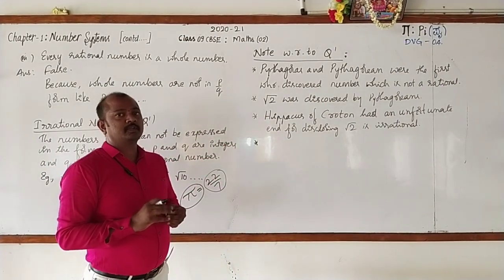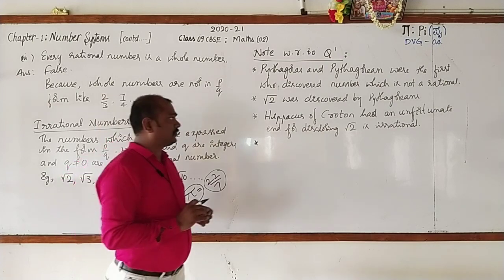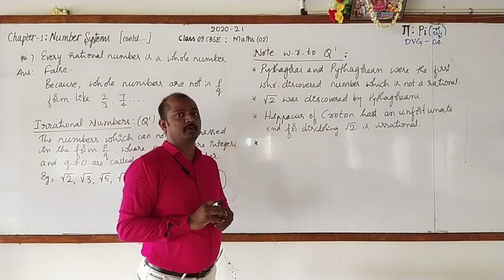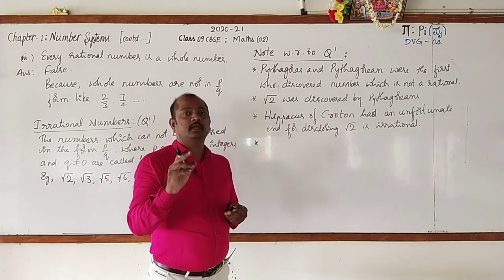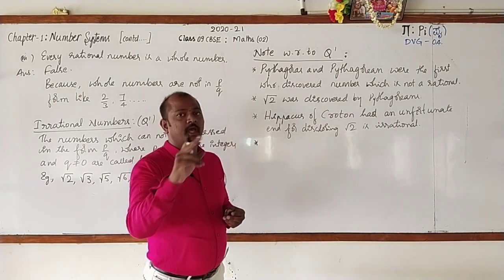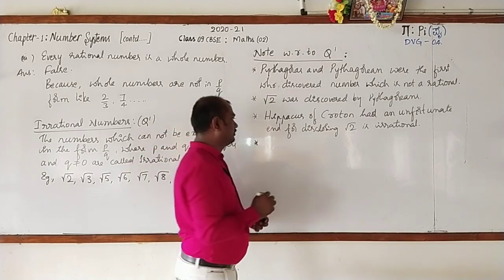And one more information, as I told you, pi is an irrational number. Who discovered it? One is Lambert and second one is Legendre.